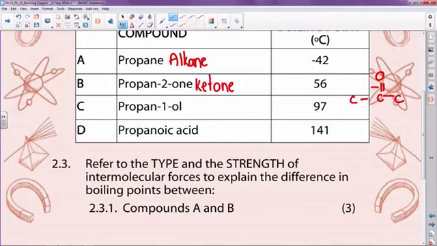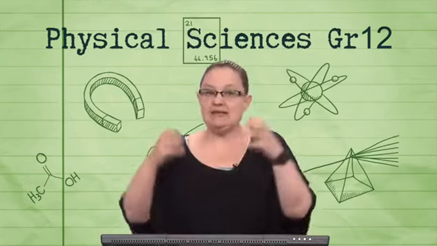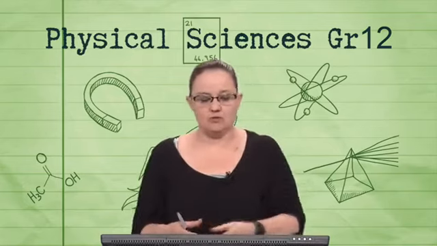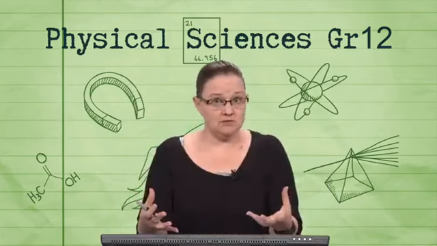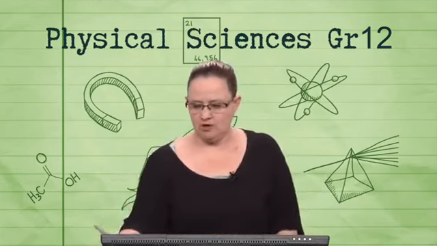I'm surprised they put the number in at all, because it can only be on the second carbon. First and foremost, propane has a significantly lower boiling point than propan-2-one. That means it must have significantly weaker intermolecular forces. Because it's an alkane, it is nonpolar. It's a nice nonpolar molecule.